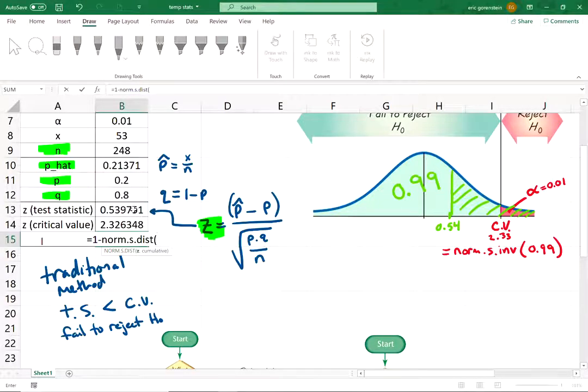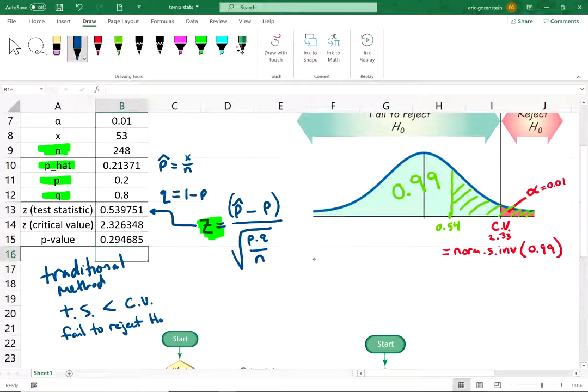That's the 0.54, or 0.539751. And we always use yes or 1 for the cumulative function. It's the same thing we've been doing for chapters 6 and 7, now in chapter 8. Okay, so the p-value method in this case, which is the 0.29, is greater than the significance, which is 0.01.